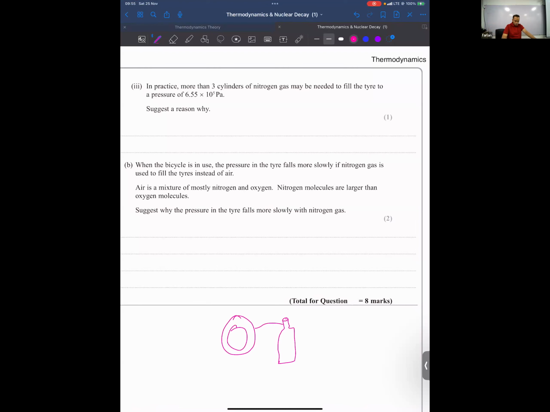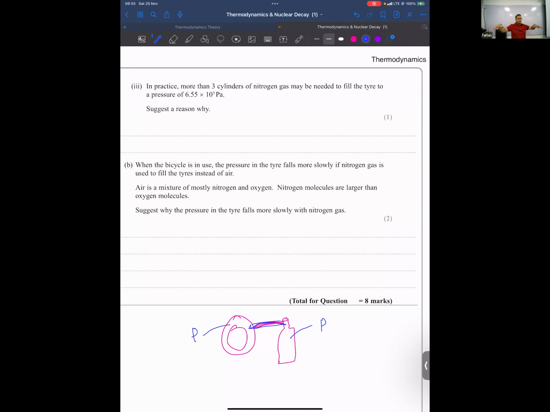When you connect these two and the gas molecules enter, the two are open to each other and eventually come to an equilibrium pressure. The pressure of the gas in the tire is increasing, and the pressure in the cylinder is decreasing. There comes a point where they are both equal. At that point, even if you keep the valve open, no gas molecules go from one to the other because the pressure is the same.